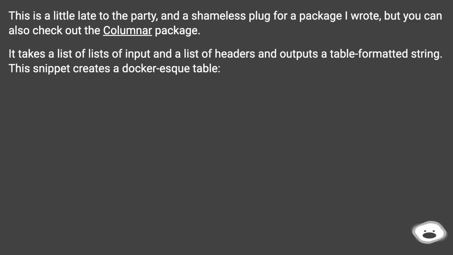This is a little late to the party, and a shameless plug for a package I wrote, but you can also check out the columnar package. It takes a list of lists of input and a list of headers and outputs a table formatted string. This snippet creates a Docker-esque table.